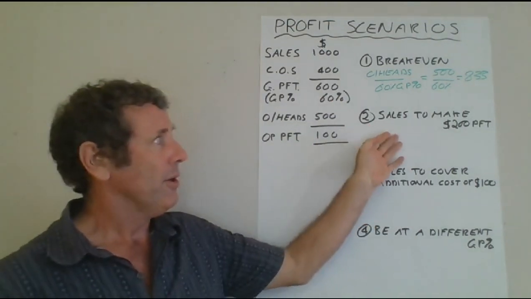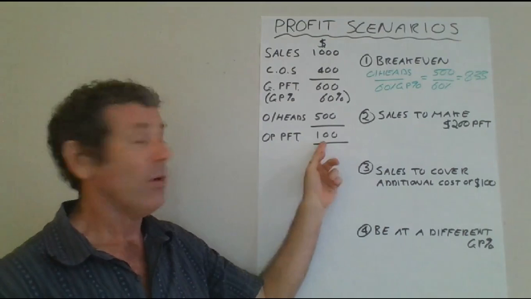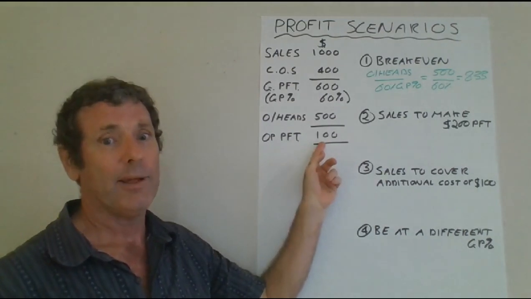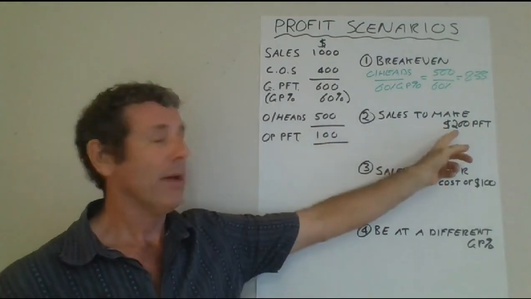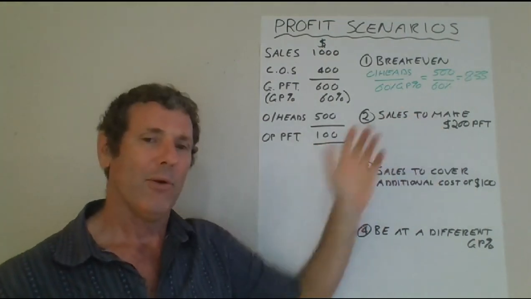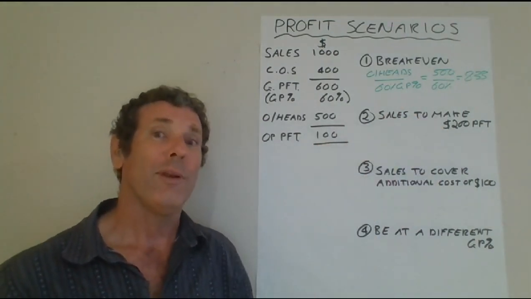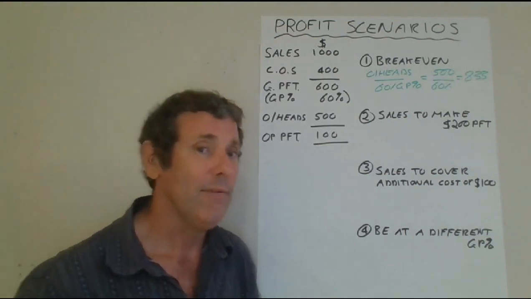The next scenario is we're unhappy, or you're unhappy, with making $100 profit, and you want to double it. You'd actually like to make $200 profit, but you're unsure as to how many sales you'd have to make in order to achieve that.